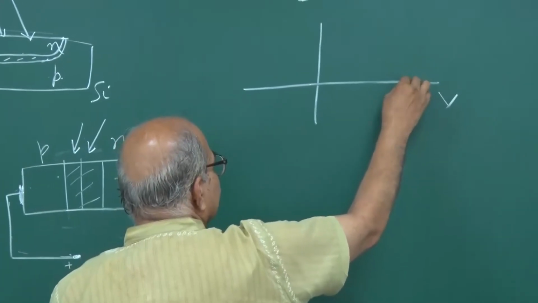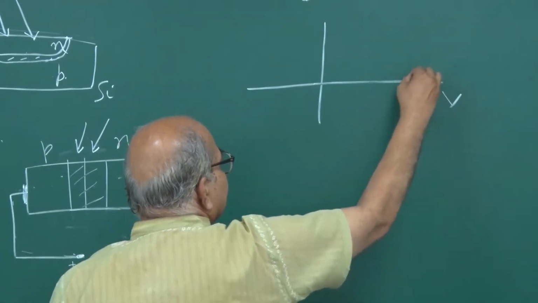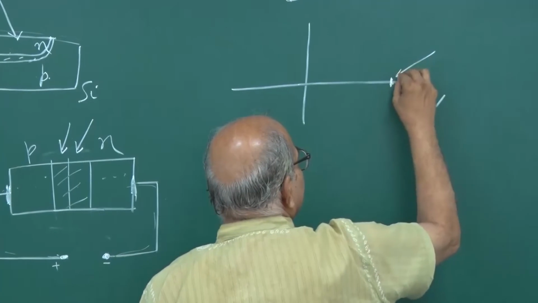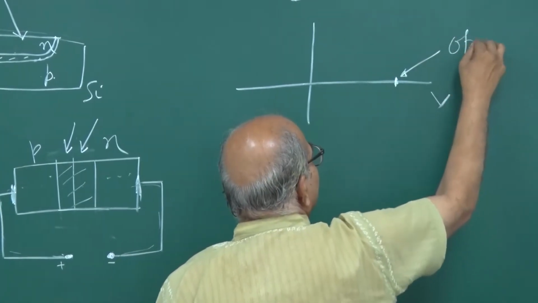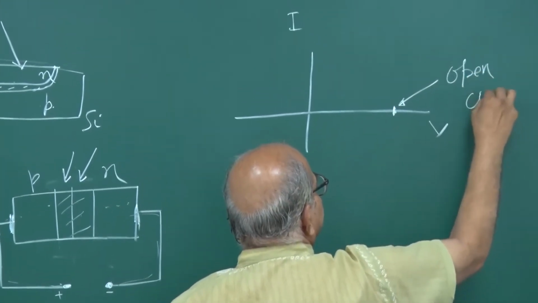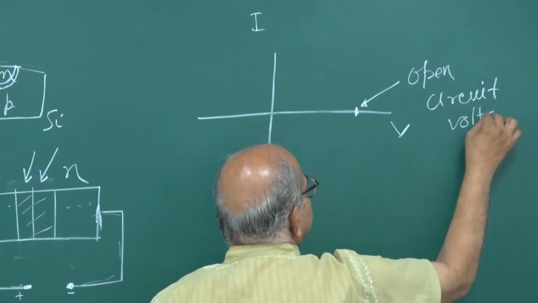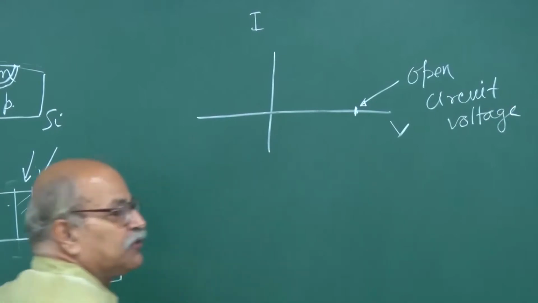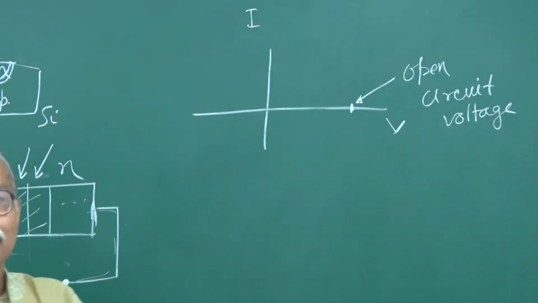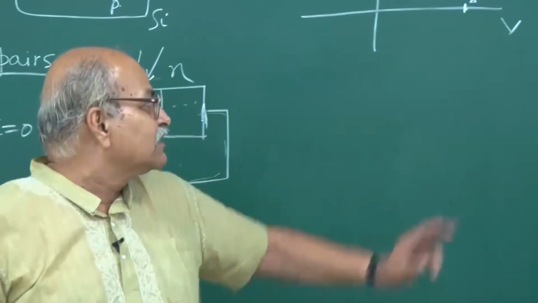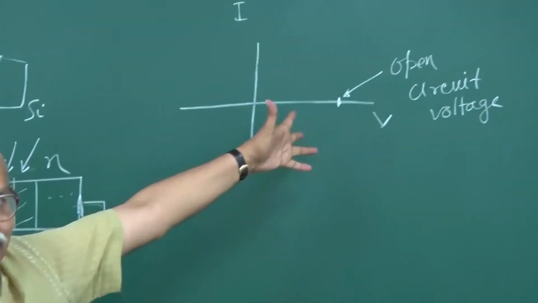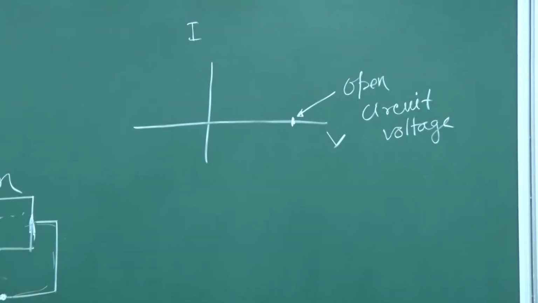So this voltage is known as the open circuit voltage. If you take a solar panel and see the specifications, you may find this open circuit voltage.